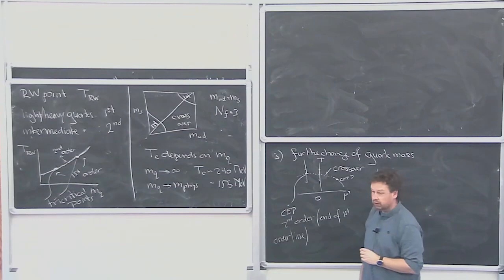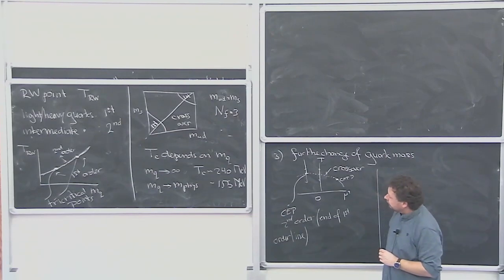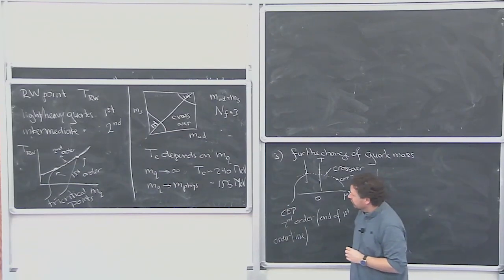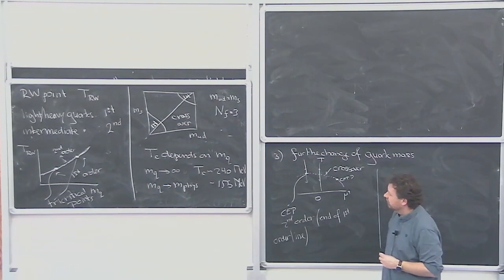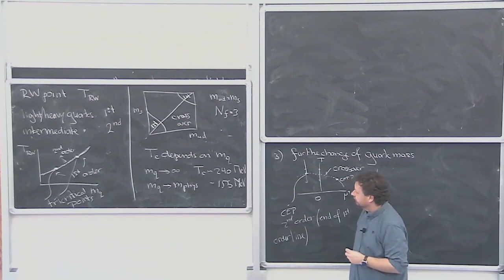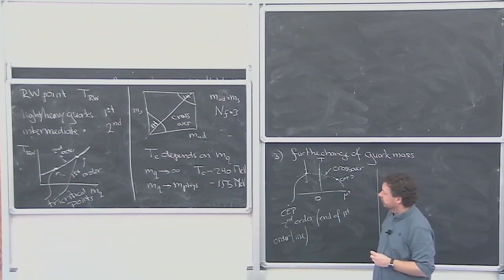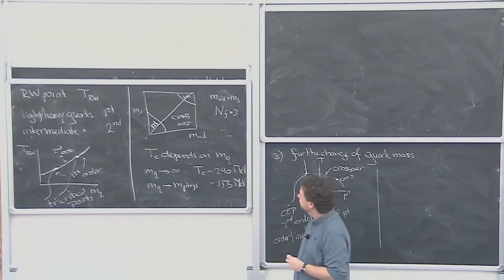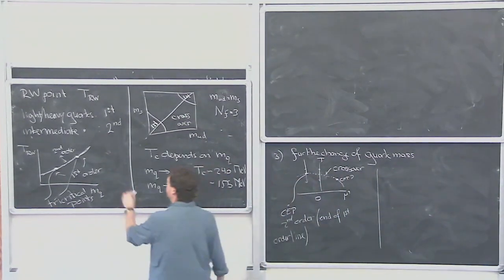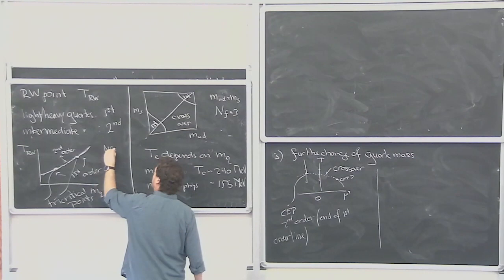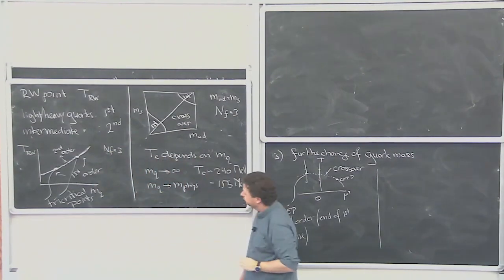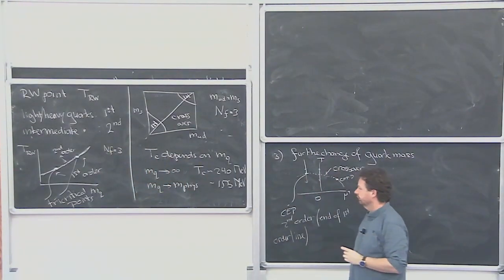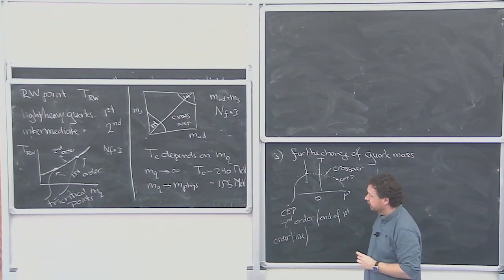So in this particular plane, this is the structure of the phase transition. And let's say this is for the case NF equals 3. Are there any questions?